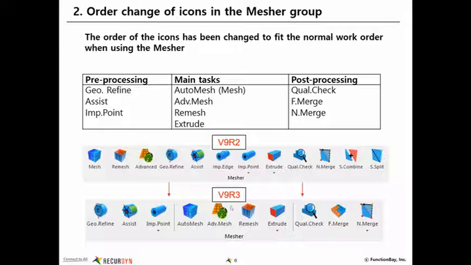And then you'll go through your mesh process, go through some processes of actually refining your mesh, and then you can check what your mesh looks like, do things like merge multiple flex bodies. So the typical process is now left to right rather than looking for the icons individually.